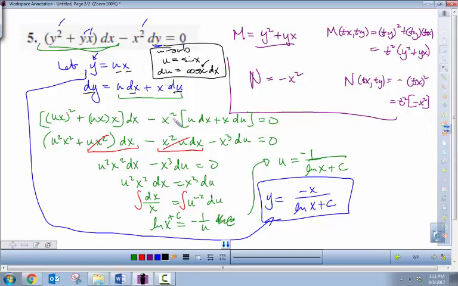But if you do it the other way, I think the other way would give us a similar scenario where it would be just as easy. But I've seen some problems where you do one way and it looks like it's a lot more complicated, but then you do a different substitution, it turns out to be way easier. So I can't come up with those examples off the top of my head, but you'll run into them, I'm sure.